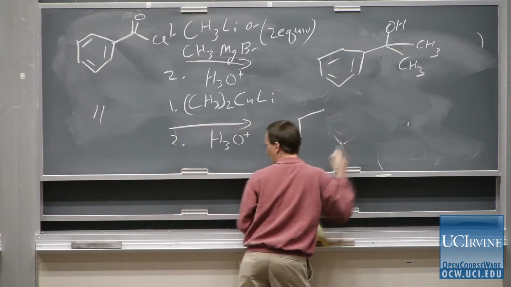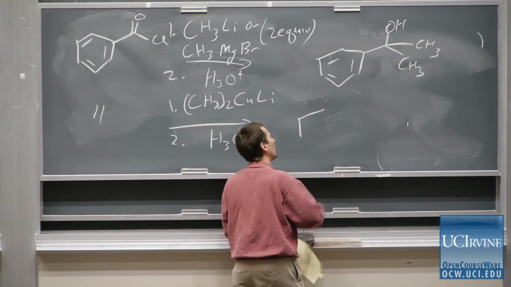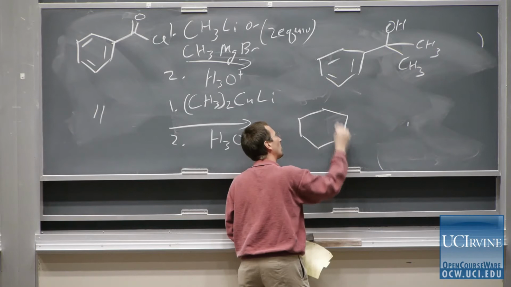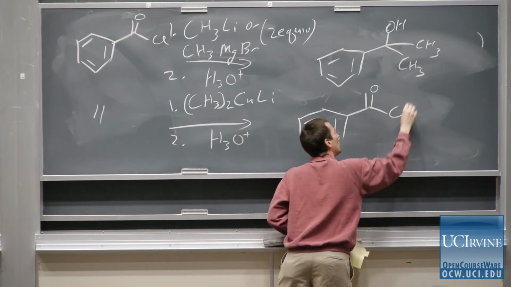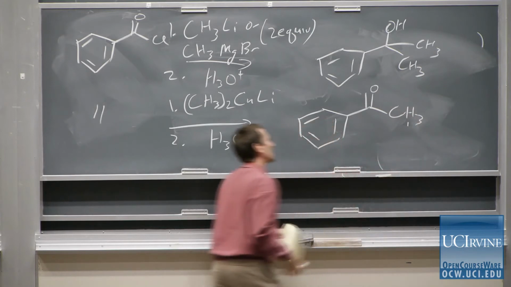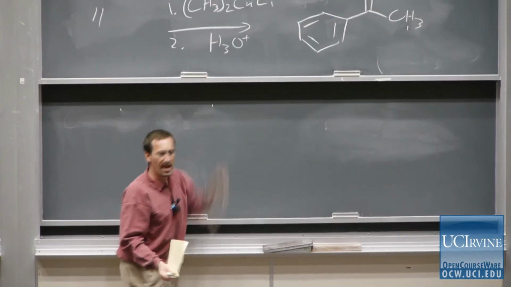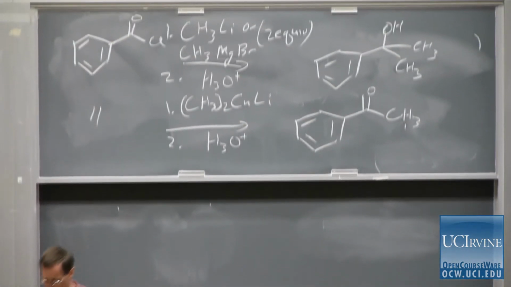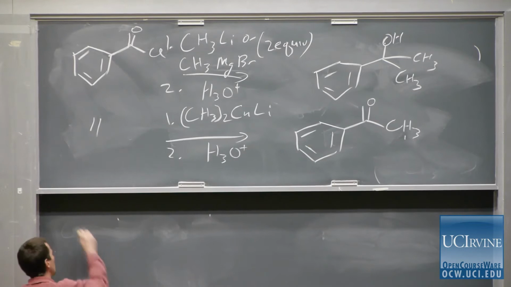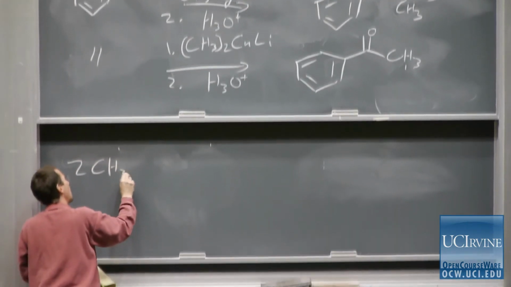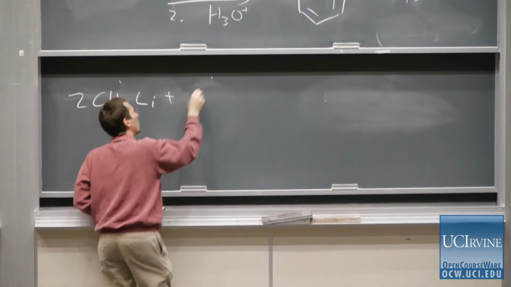Anyway, the overall result of this reaction is that you can controllably add 1 equivalent of your methyl group to your member of the carboxylic acid family, in this case specifically your acid chloride for reasons of the mechanism.